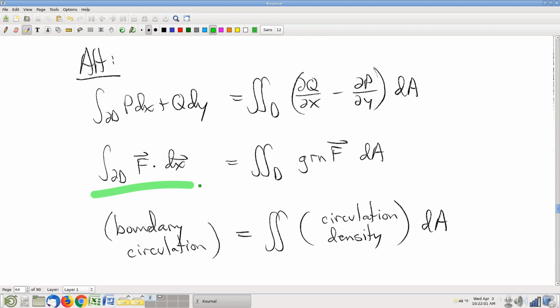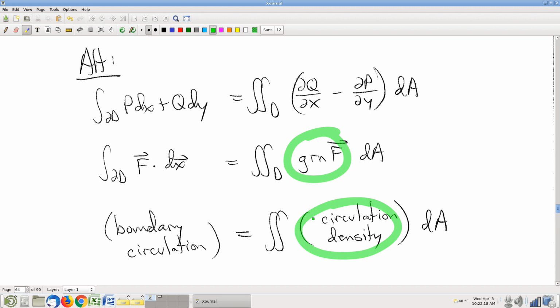But anyway, either way you see the algebra, don't forget what the left side is computing is circulation of a fluid. That's the way you could think about it anyway. And then likewise, what is this thing? Well, that's what you do to a vector field to identify, in some sense, the density of this circulation.